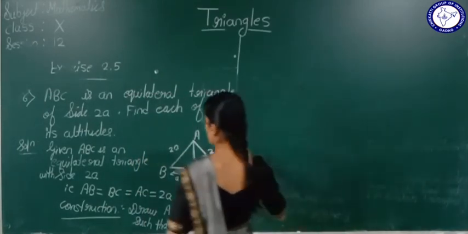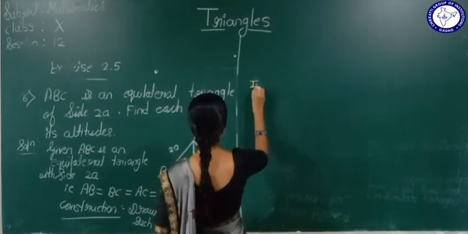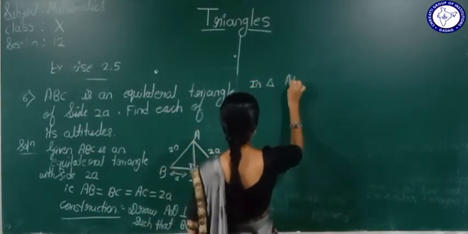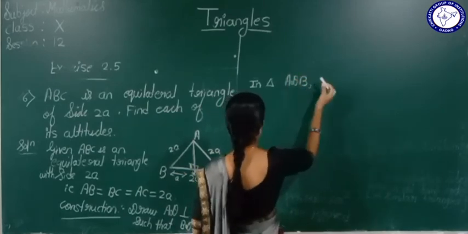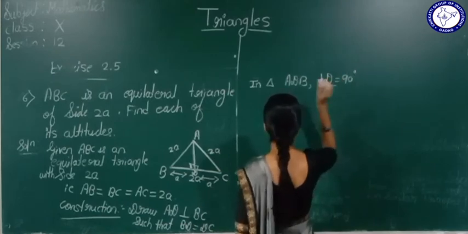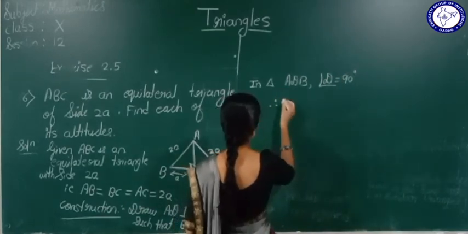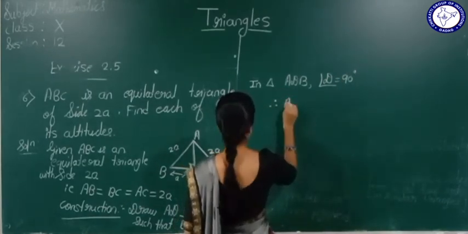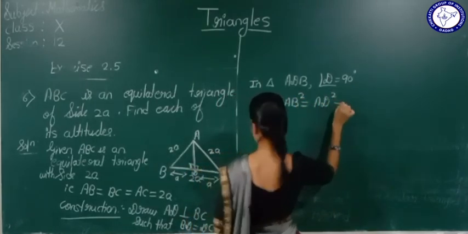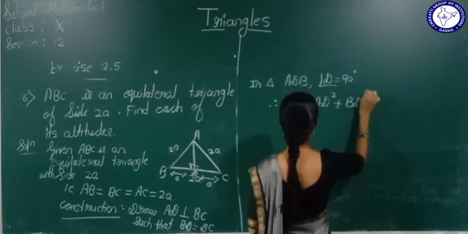Now see, in triangle ADB, angle D is equal to 90 degrees. Therefore AB square is equal to AD square plus BD square.